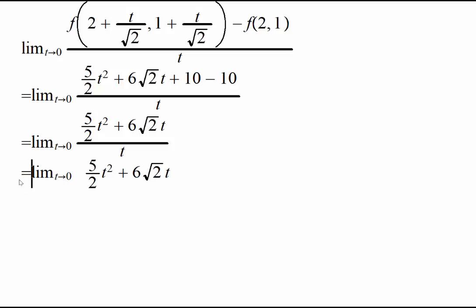Now notice another thing here: this is the directional derivative in the direction of 1, 1, or if we write the unit vector, then it's 1 over root 2, 1 over root 2.